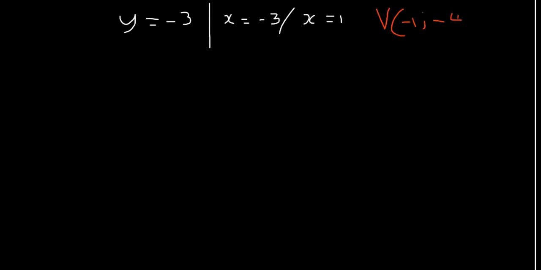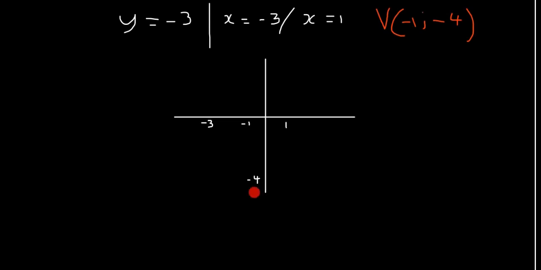You still remember quite clearly. Right, plot it roughly. Negative 4, we've got 1 here, then we've got negative 1, negative 3. Why do we have these points here? We've got negative 4 for the vertex point and negative 1. Our vertex point is here.